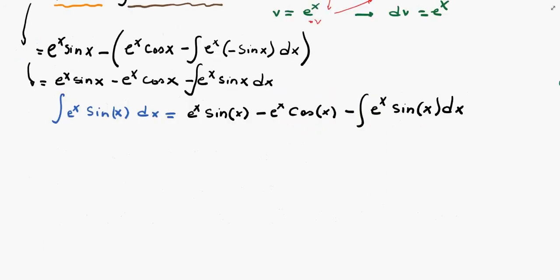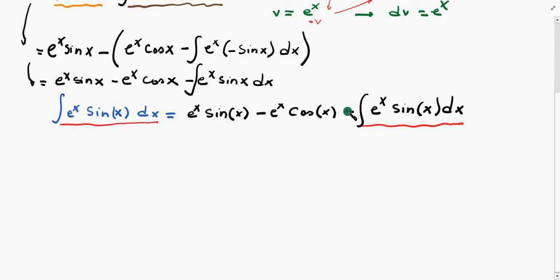Now you can see that these two terms, this one and that one, are alike. The only difference is that they are situated on the two parts of this equation.